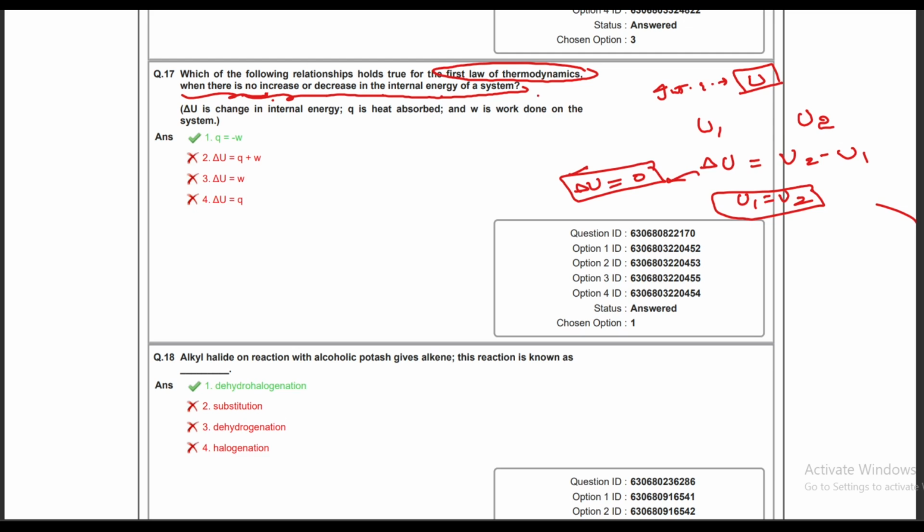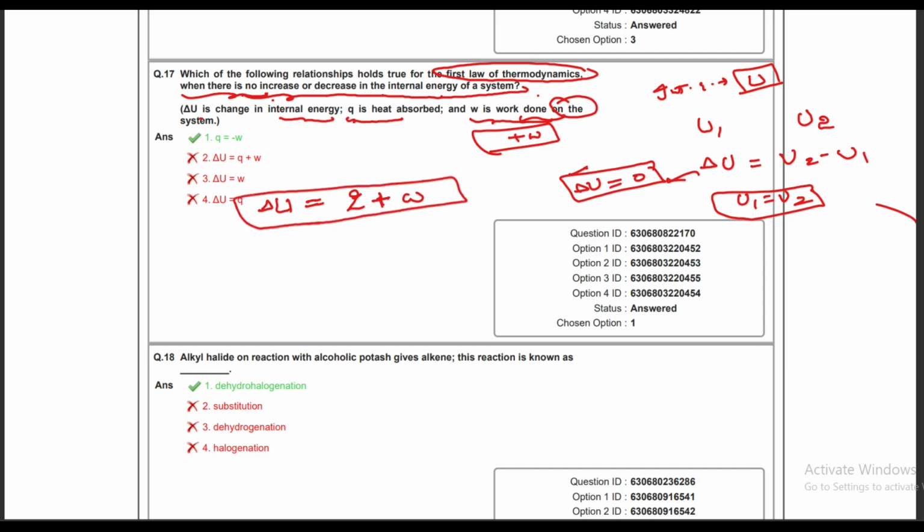So delta U is the change in internal energy, Q is heat absorbed, and W is work done on the system. For work done on the system we take positive work with a plus sign. You know that in the first law of thermodynamics, when you provide heat to the system, heat is also a form of energy. Some of that energy will be used to do work, and some energy will be stored in the system as internal energy.